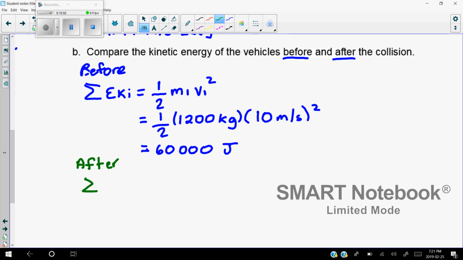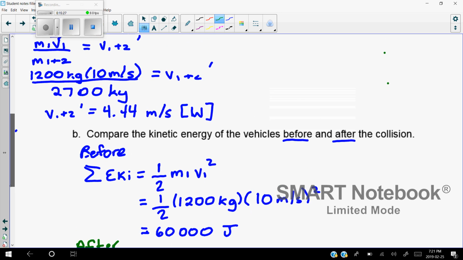So it's the sum of the kinetic energy at the end. In this case, since it was a collide and stick, it's going to be 1/2 times m1 plus 2 times the velocity that we found. So 1/2 m1 plus 2 is 2,700, I think. Yep.